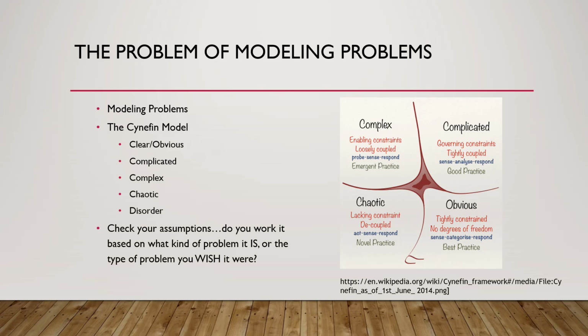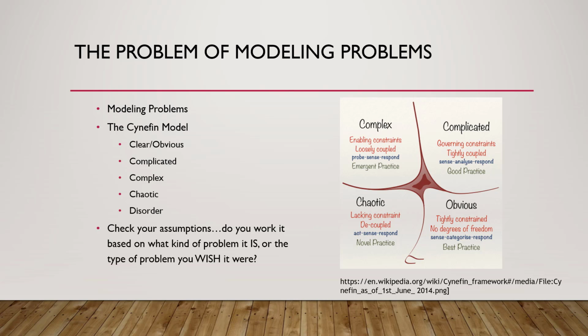If we have a really complex problem, we may overcomplicate our ability to resolve it when, if the particular outcome and the connection between cause and effect is clearer, we might be better off treating it as a complicated or even obvious problem. So one of the things you want to be thinking about as a manager is to kind of check your assumptions about how you choose to approach certain kinds of unknown issues.